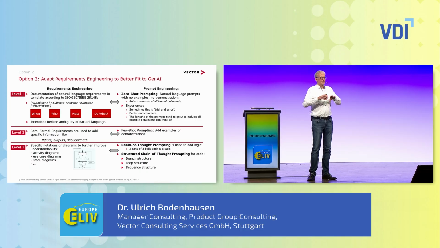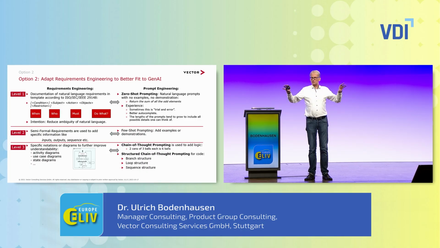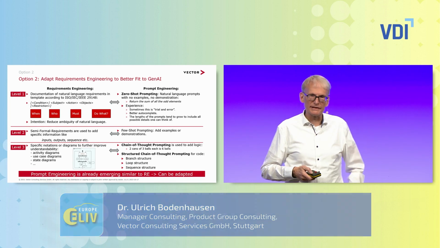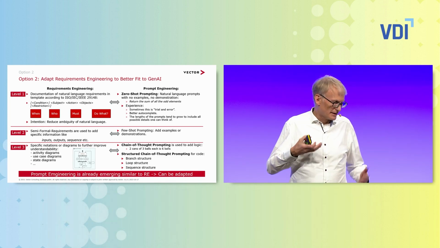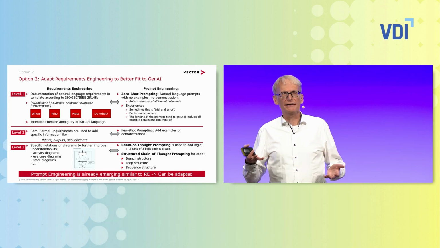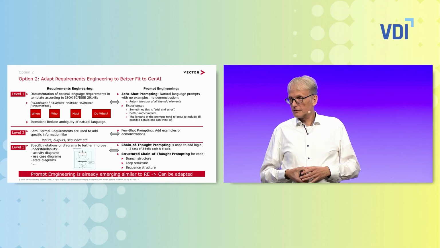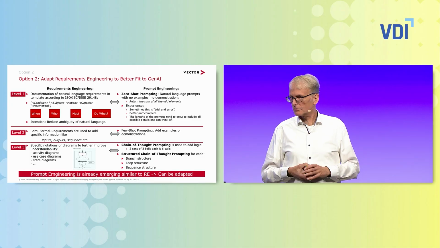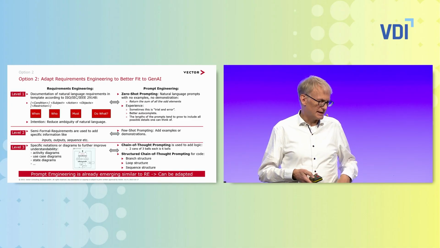So what I see here is very similar approaches. We have requirements engineering, we have prompt engineering, and they are evolving in a similar way. So I come to the conclusion, yes, we can adapt to that. It's already moving in a similar direction as our known requirements engineering, so that's fine with us. And if there is something to be sorted out, I think we can deal with that.